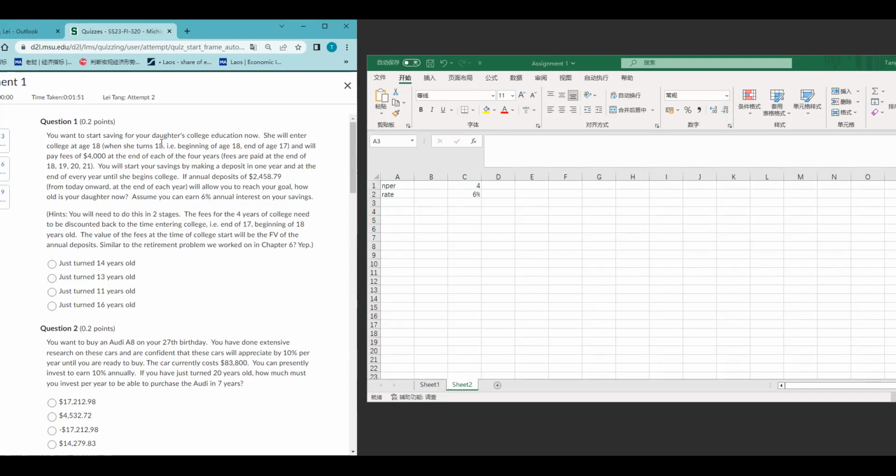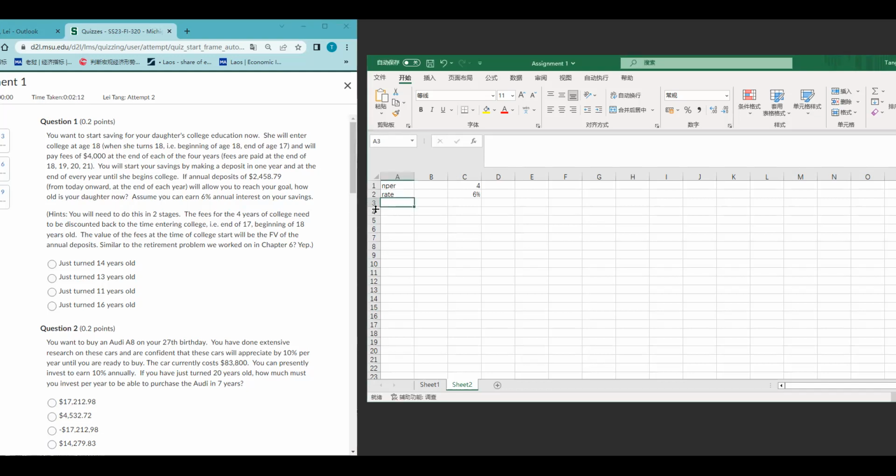So the daughter needs to pay the fee of 4,000 for 4 years. So we need to know how much money we need to pay for 4 years, the present value.